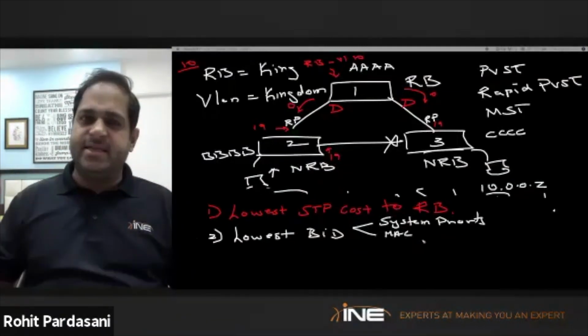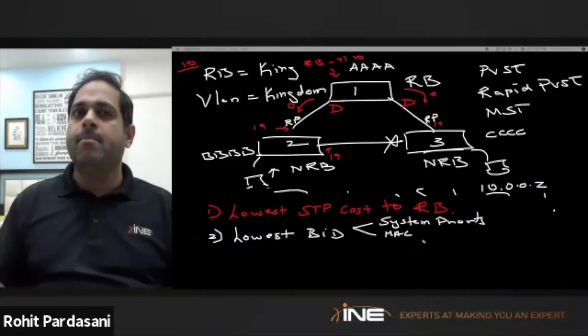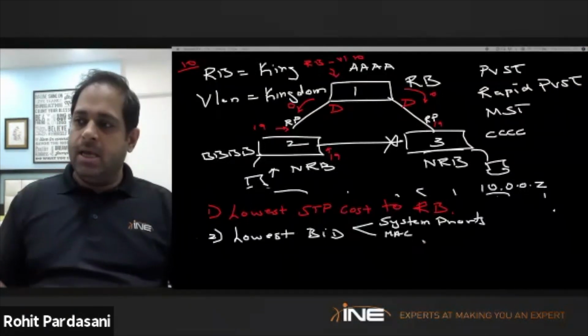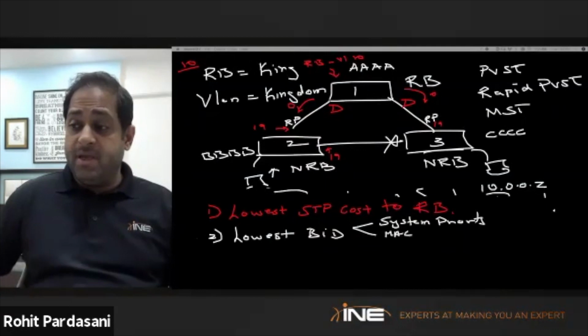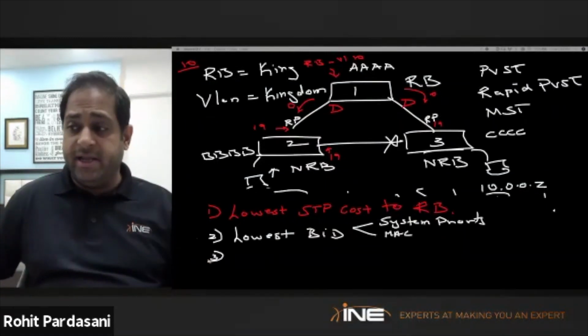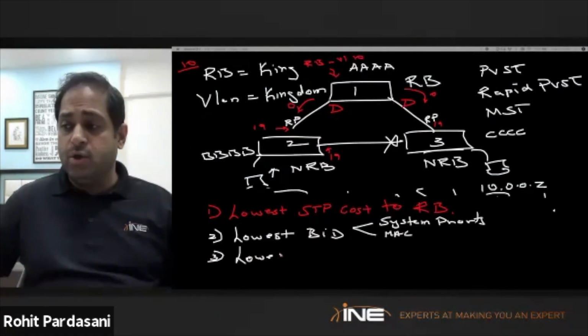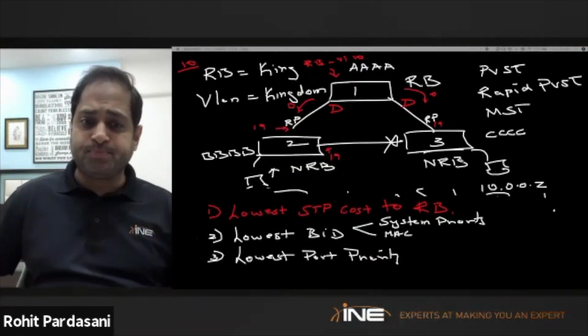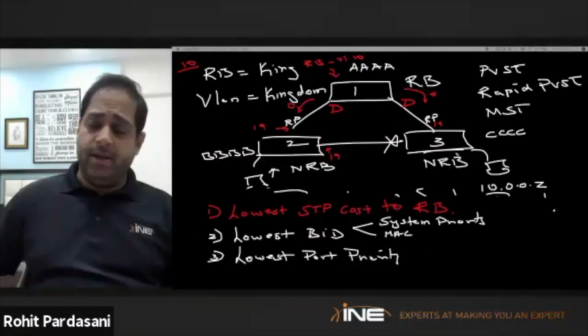So if, let's say, my cost was the same, he would then go to the bridge ID. And if that is the same, he then goes to the third criteria, which is lowest port priority.